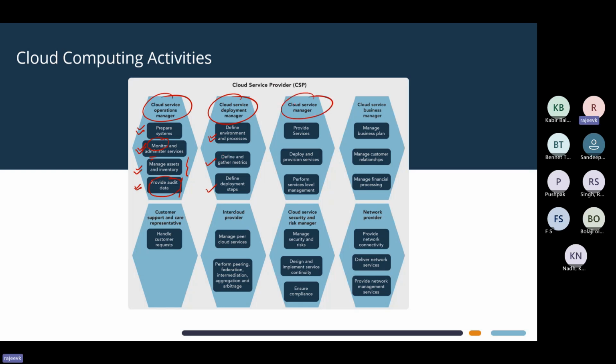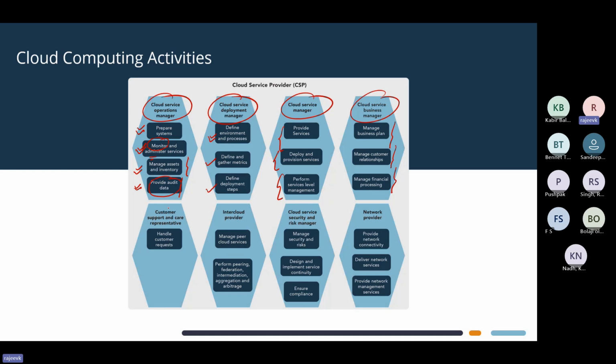Apart from that, we have the service manager who will provide service. I mean, the provider performs all steps required to deliver a cloud service, deploy and provision the service, and definitely perform service level management as per the need. Business manager will manage business plan, manage customer relation and financial processing.